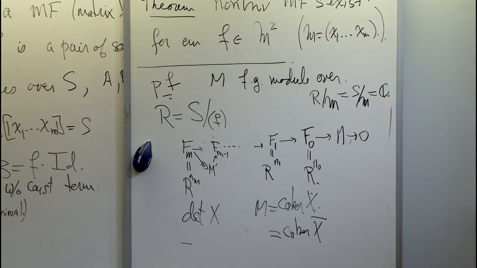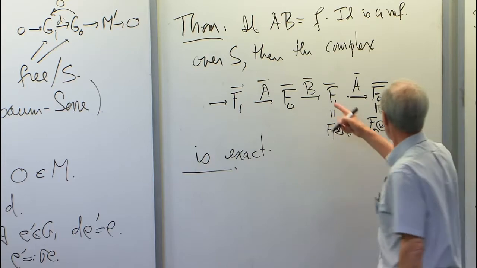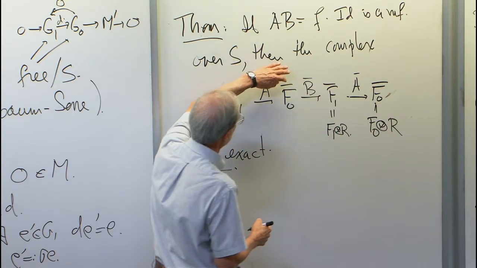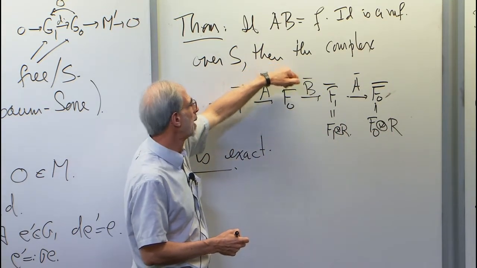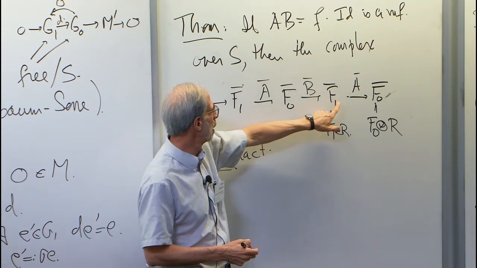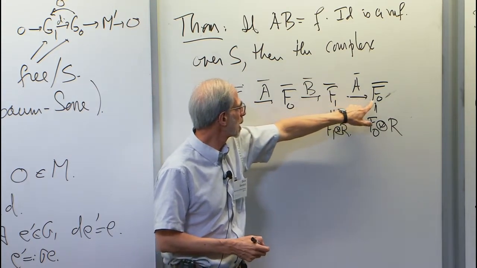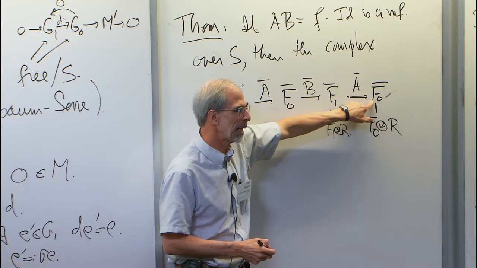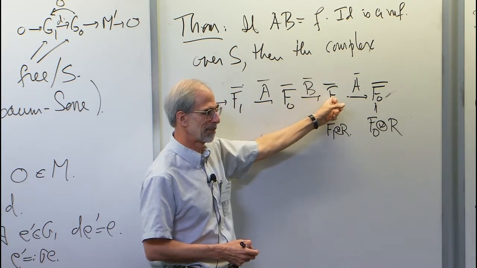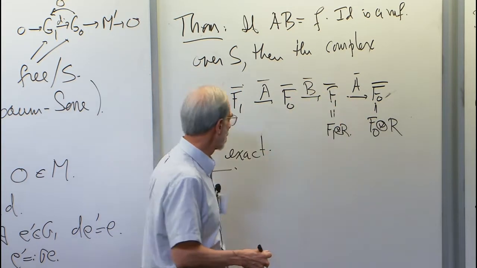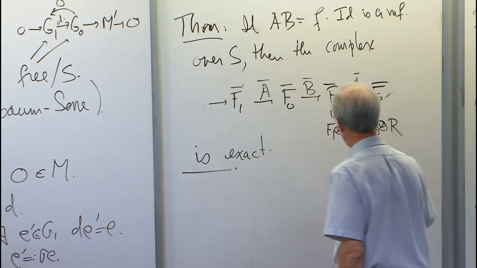Okay, so let me prove this for you. This is an easy one. It doesn't even require anything about free resolutions. This is just formal. So here I have, what does it mean to say this is exact? The fancy way of saying such a thing is that if I have a free module mapping to F1 and composing to 0 with A, then it factors through B. The map factors through B. So let me write that sort of schematically.